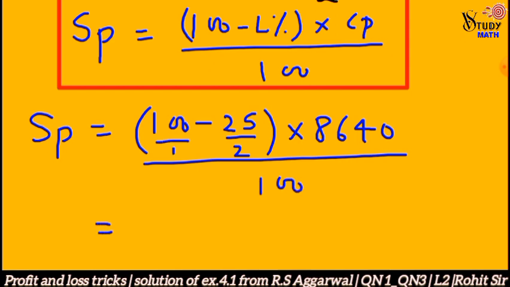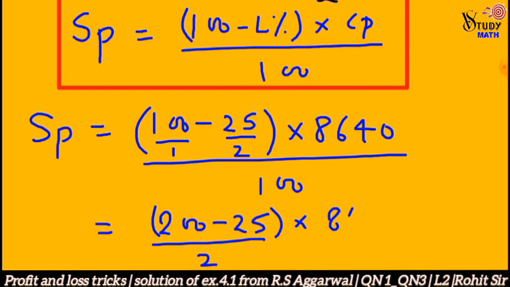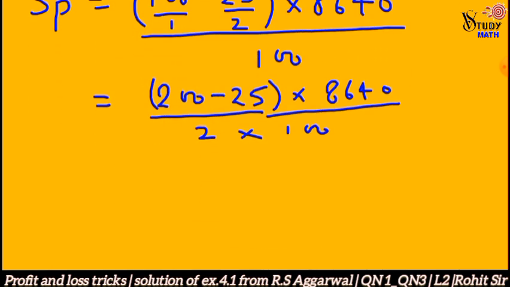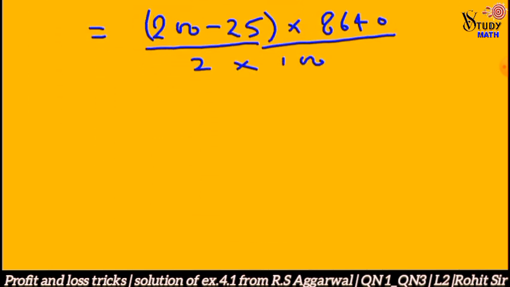Now take LCM here, it becomes 200 minus 25/2, small bracket close, multiply 8640 upon 100 is also here. Now do this calculation.